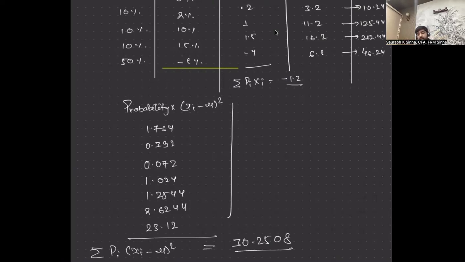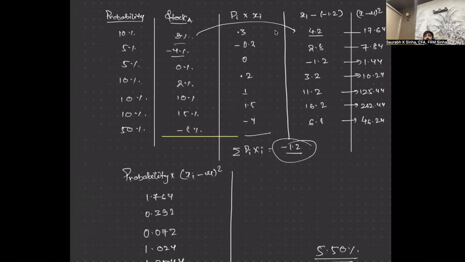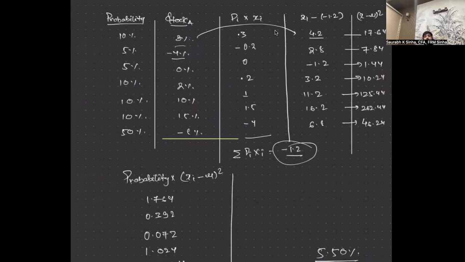Now, if you do the square root of 30.2508, that will become your standard deviation. So let's do it. And it is coming as 5.50%. So the return is negative 1.2% and the standard deviation is 5.50% when the probability comes into the picture. Now, definitely the probability could be different.